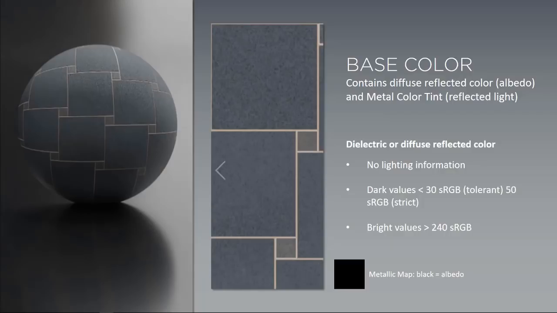What happens is the shader looks at the metallic map and says, oh, there are some white areas, so wherever this white area is, this is going to represent a metal. So I'm going to go to the base color map, and wherever those white areas from the metallic map overlap in the base color, that's going to become the metal color tint value.